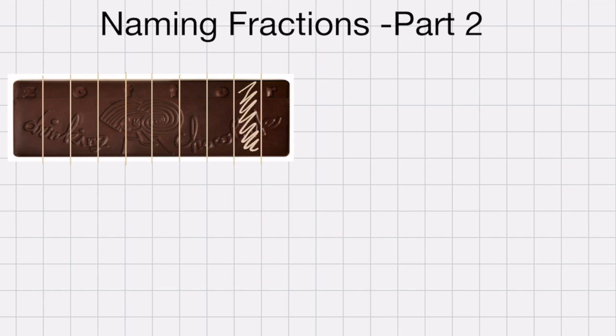To name 1/10 in words, we're going to write it like this. 1/10. And to write it in fraction notation, we're going to do it like this. 1 on the top, line across the middle, and a 10 on the bottom. You're starting to see the pattern here. The number on the bottom tells us how many equal parts, and the number on the top, how many we've coloured in.